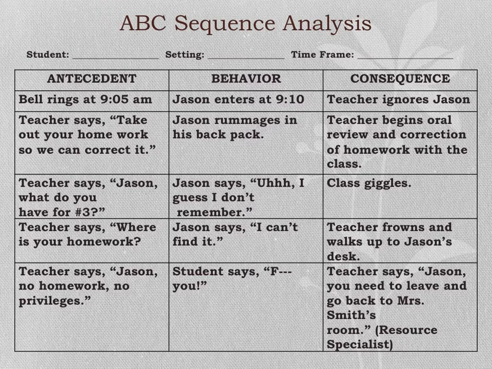So we don't know, but this is just an example of how you can collect ABC data and how you can use it to figure out what the function of the behavior is. But as you can see, this can be a time consuming activity. So you really need to spend time and have the patience before you come to conclusions or form the hypothesis.